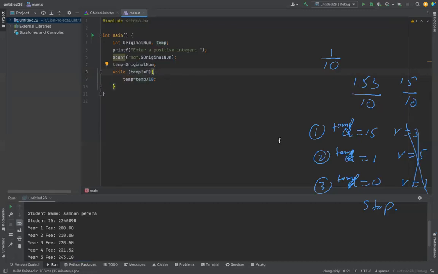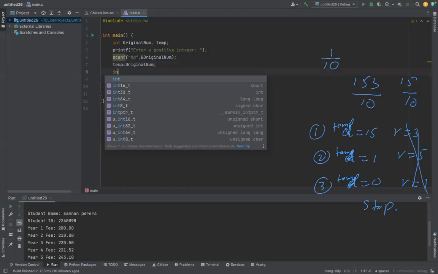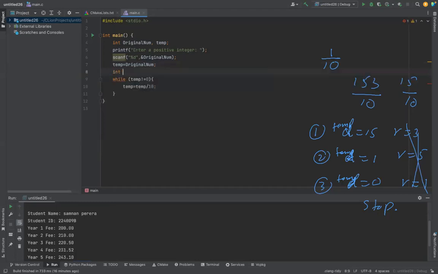Now once this while loop finishes, how do we identify how many iterations have been iterated? Then you need another counter variable to do this. Let's say int counter, let's say digits, because we need the digits now. Int digits, initially there are 0 digits available.